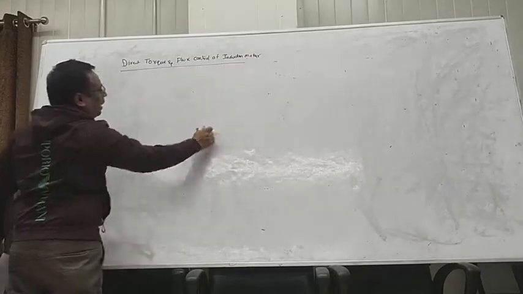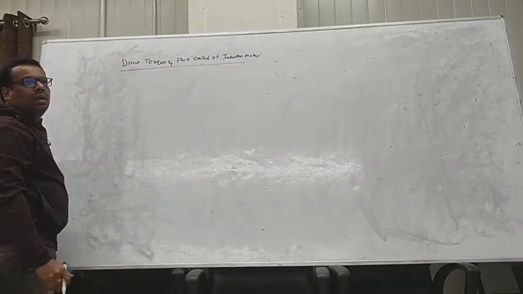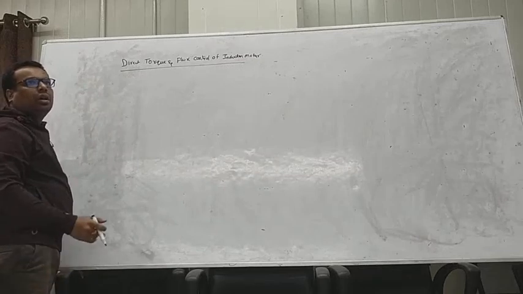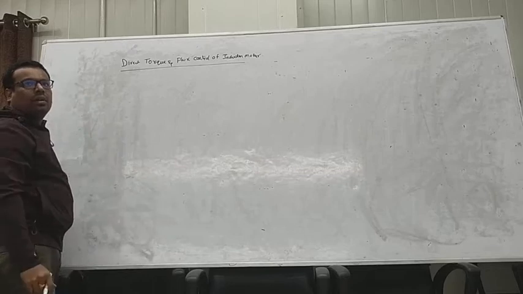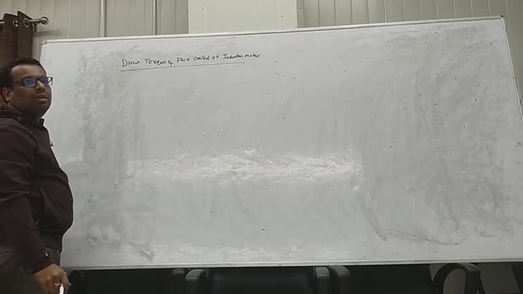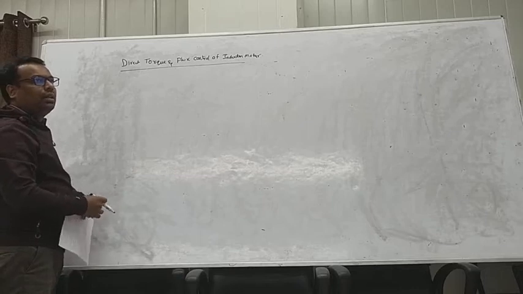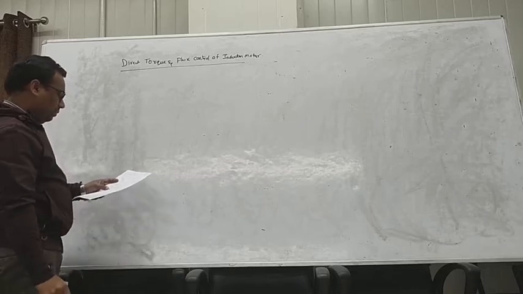As I already explained in the last lecture, we need to control both flux as well as torque. Let us see the basic conventional torque equation in the stationary reference frame.